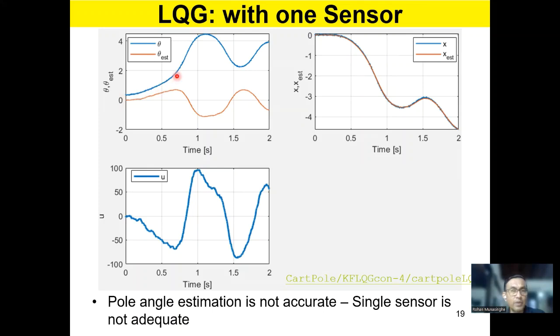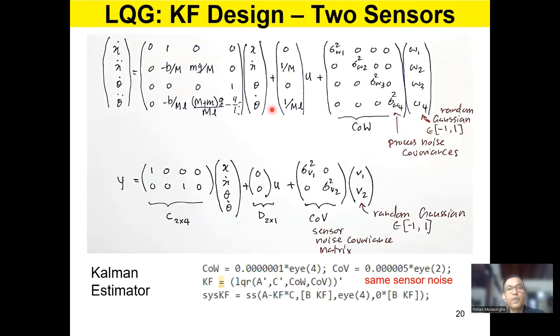But here it doesn't happen because we are not actually measuring the theta. We are trying to predict theta without any sensor signal. So it's not going to work. It is a failure, so there's no point in showing you a simulator also.